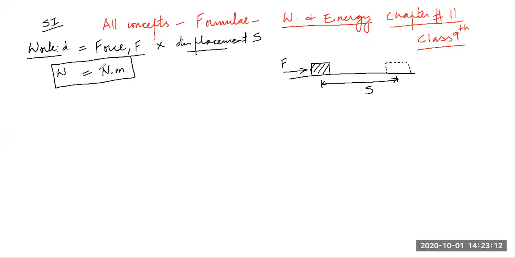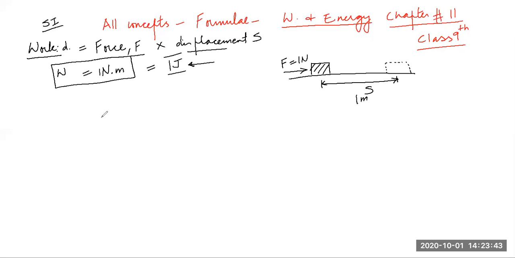If 1 Newton force displaces an object by 1 meter, let the distance be 1 meter and let the force be equal to 1 Newton, then the work done is said to be, any student? Yeah, 1 joule. Beautiful. This is the SI unit of work accepted all over the world, joule.